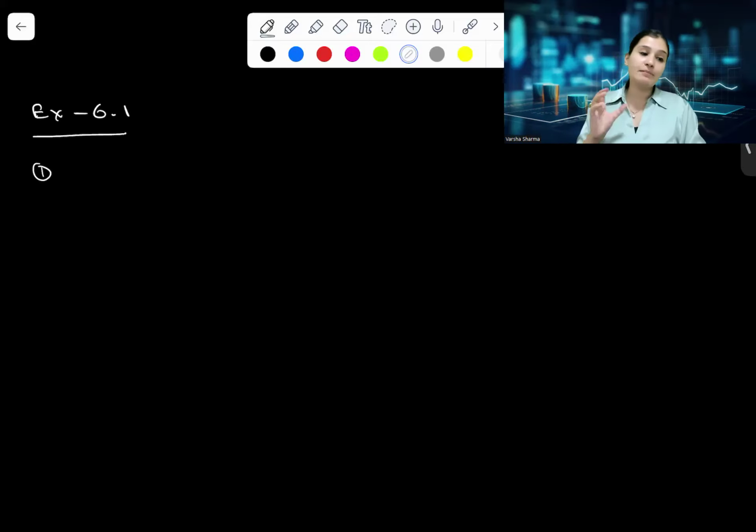But if that can be written with the help of an explicit formula, like a_n is n squared or a_n is 2n plus 1, then it is known as a progression. And if I can't write a formula for that, it's just a pattern, use your common sense, then it is a sequence. So give an example of a sequence which is not a progression.